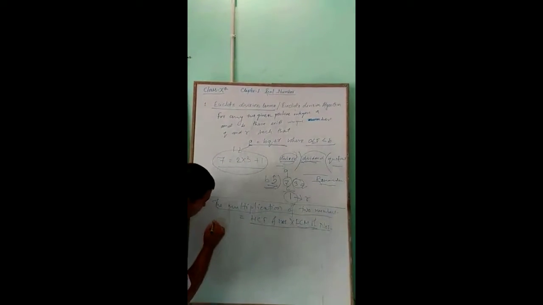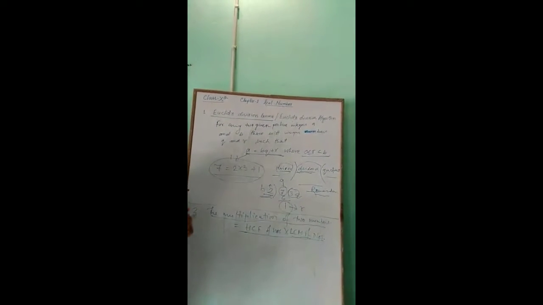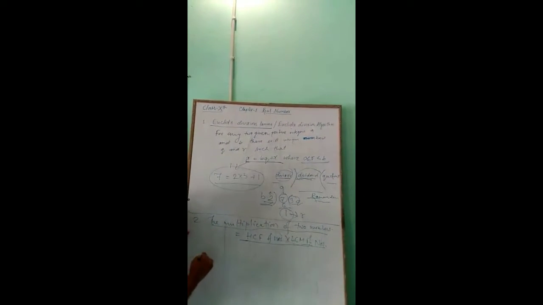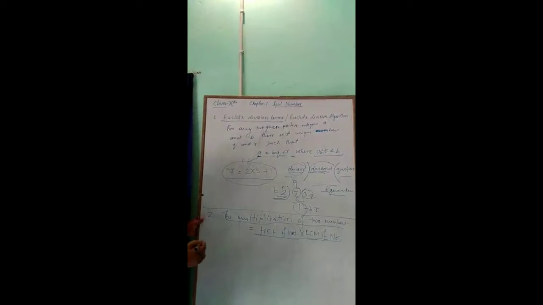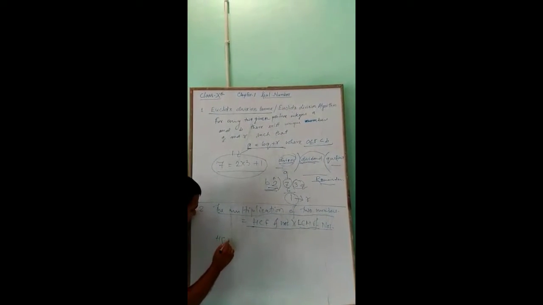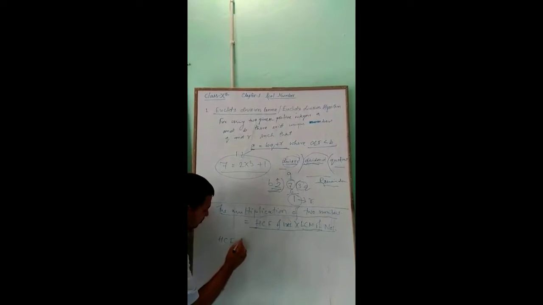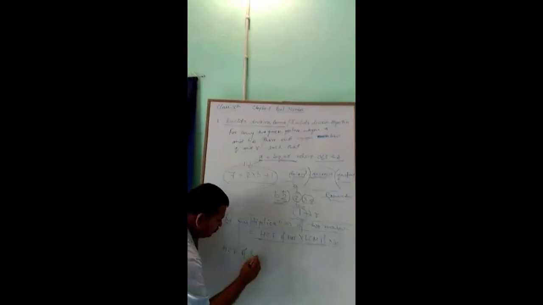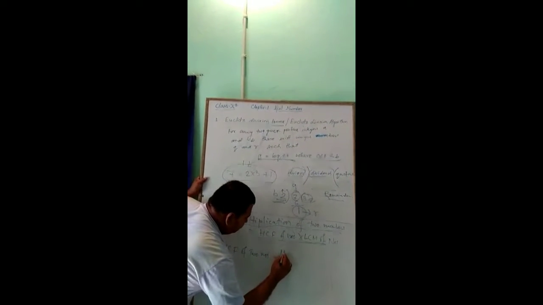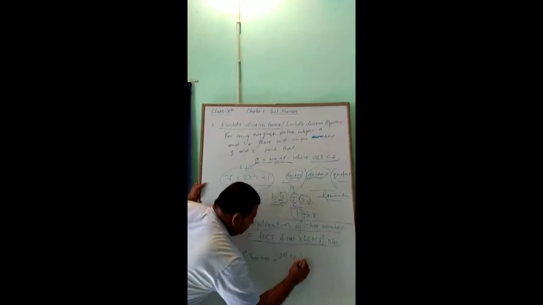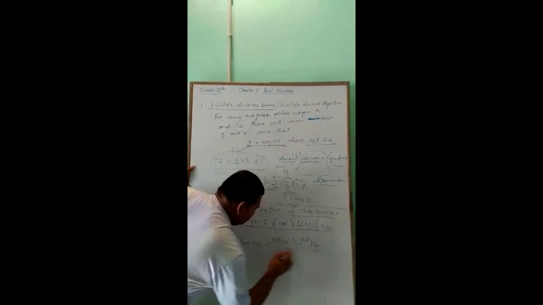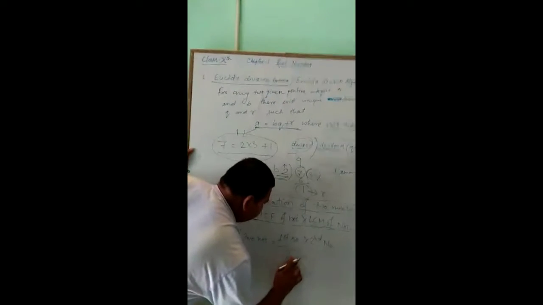For which we can express in another way by one. That means suppose that find out the HCF. If two numbers are given, then we can find out the HCF of two numbers is equal to, suppose that first number into second number by their LCM.